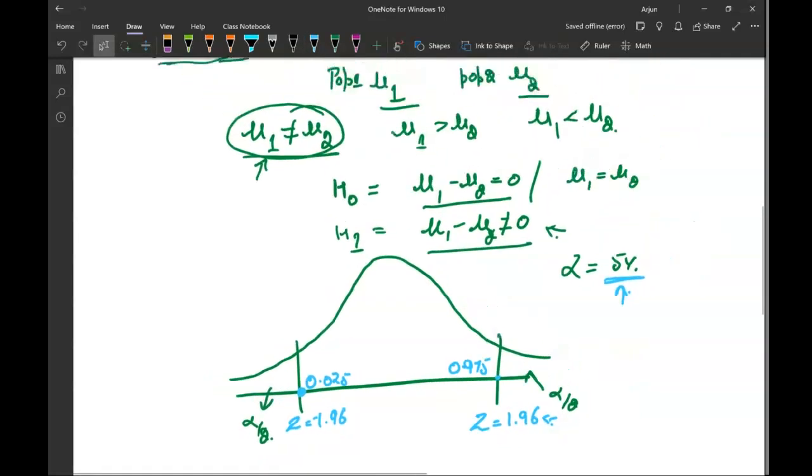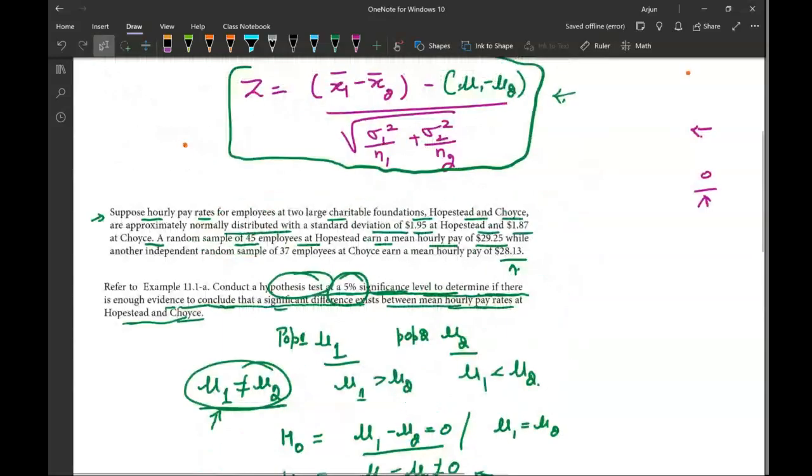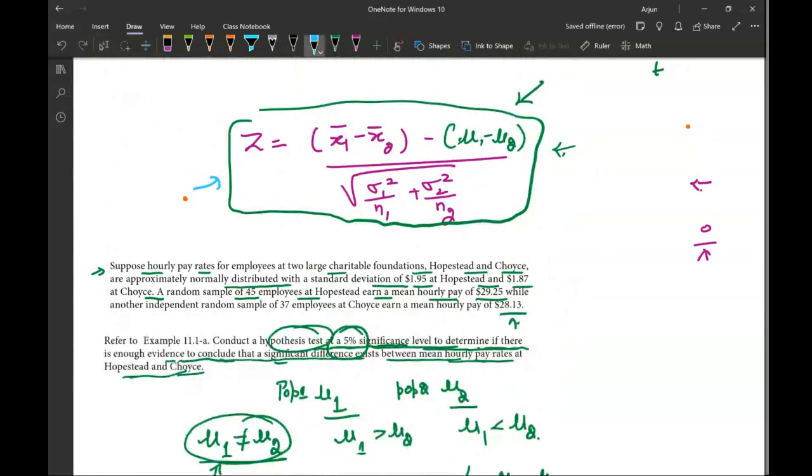Now, to conduct the hypothesis test, the formula we will be using is this one. And to use this formula, we must be given the standard deviation of the population. Again, I repeat, the standard deviation of the population must be given, and in this case we are given the standard deviation of the population, which is 1.95 for Hofstede and 1.87 for Choice.